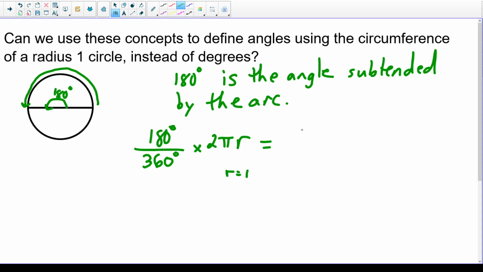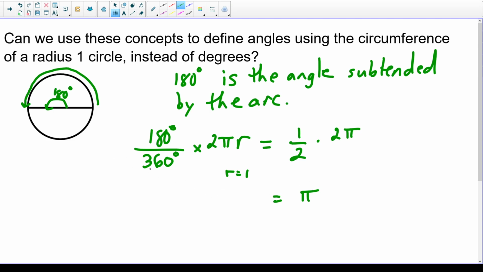So that becomes 180 divided by 360, which is just 1/2. I want you to notice that the degree symbols disappear at this point. When you divide centimeters by centimeters, the centimeters disappear. The units cancel out just as much as the numbers do. So degrees divided by degrees, there's no more unit attached to that 1/2. And now I'm just multiplying it by 2 pi instead of by 2 pi r, because r is equal to 1. And that just simplifies to pi.